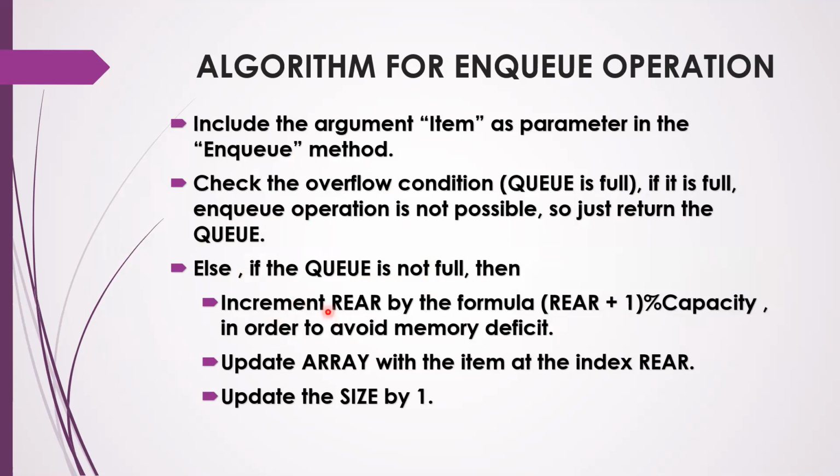For that, you have to increment the rear. How will you increment rear? Rear plus 1 percentage capacity. In order to avoid memory deficit, we are doing that. And you have to update the array with the item at the index. Once you do that, you have to update the size by 1 because one element has been included, so the size also will be incremented.